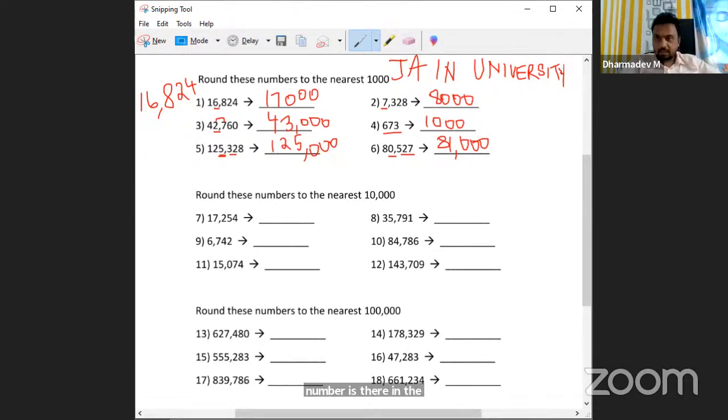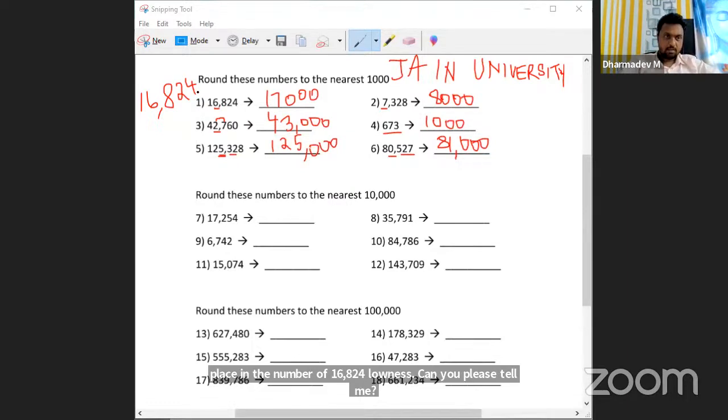I want the answer from Loveliness. Yes, Loveliness. Can you please answer me? What is the number in the 1000th place in 16,824? Loveliness, can you please tell me? Can you please drop a text?